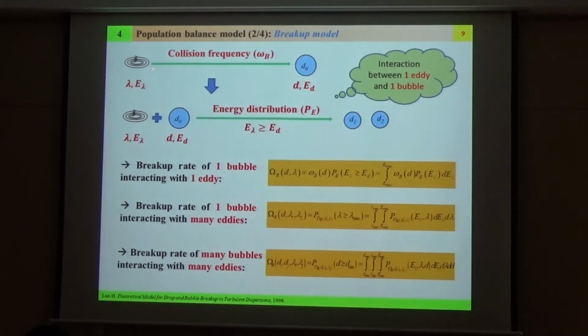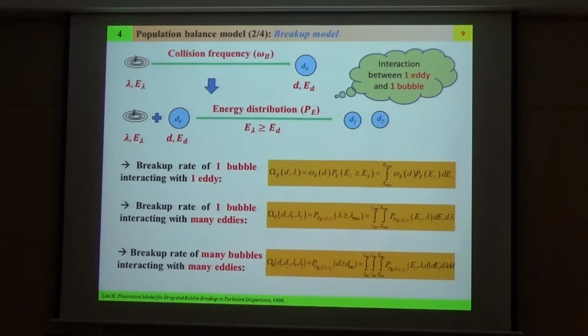To calculate the breakup rate, we assume that firstly, one eddy can interact with one bubble with a specific collision frequency, and if the kinetic energy of the eddy is larger than the bubble energy caused by the surface tension, one bubble will break up into two smaller bubbles with the break rate like that.